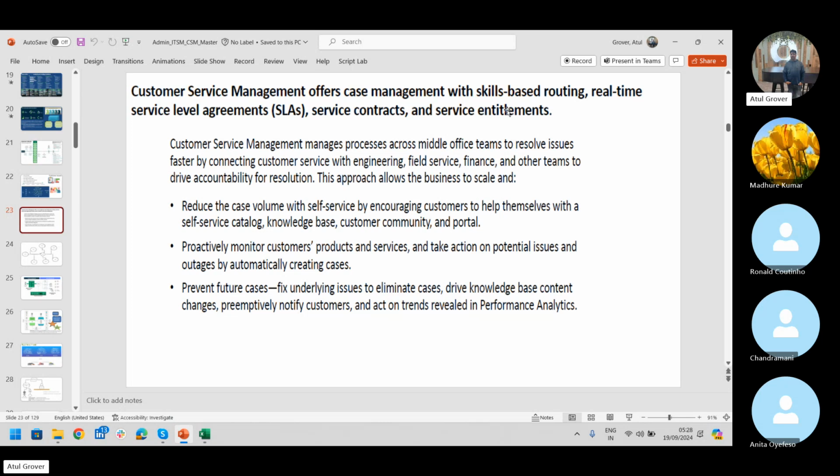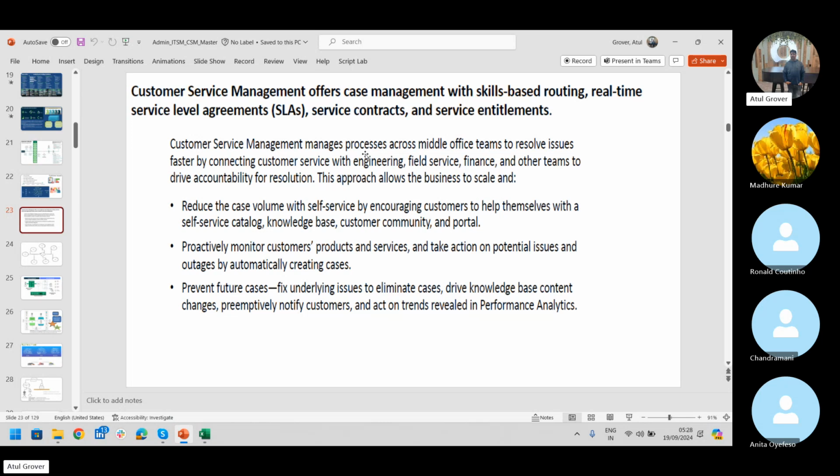I may not buy the SIM, but I'm their customer. So this is what ServiceNow offers us. And also it is a process across middle office teams to resolve issues faster by connecting customer service with the engineers.